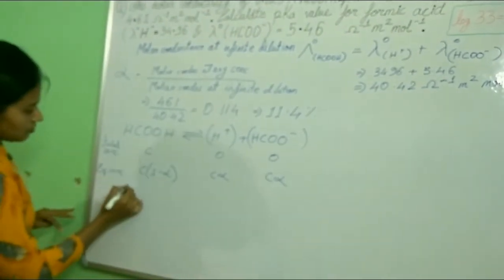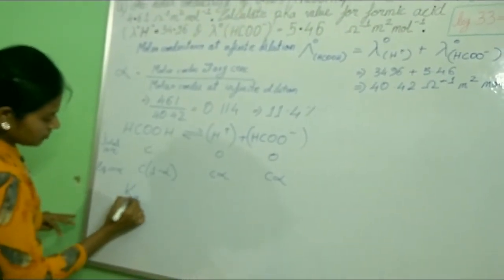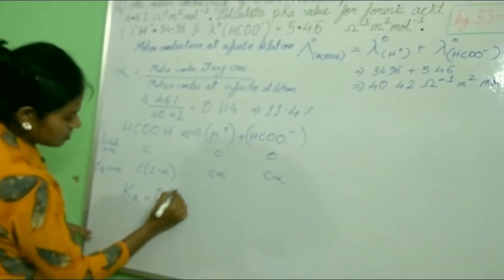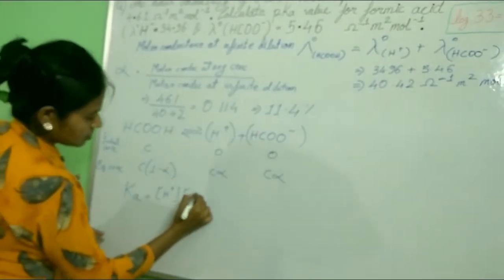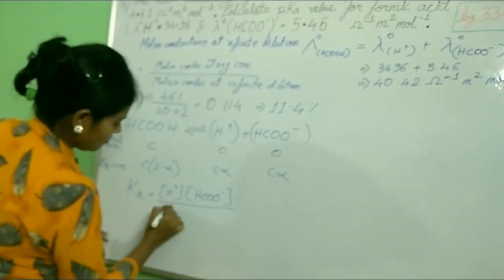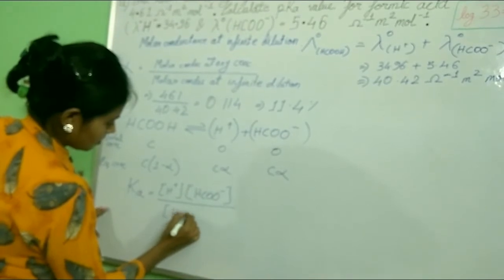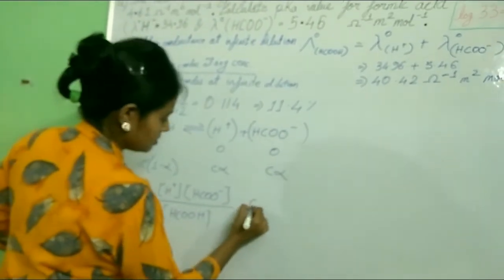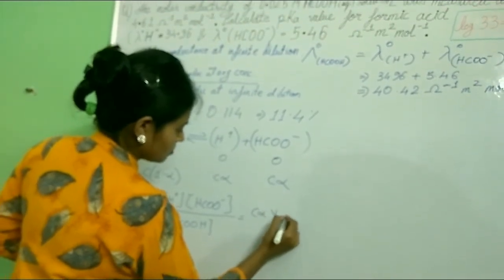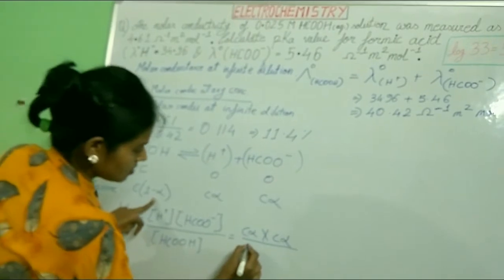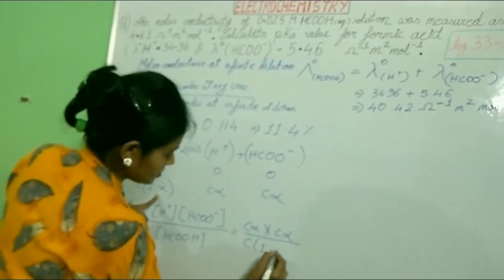Now, how to find out the dissociation constant of the acid? Dissociation constant of the acid will be concentration of H plus, concentration of HCOO minus divided by concentration of formic acid, right? C alpha into C alpha divided by C into 1 minus alpha.